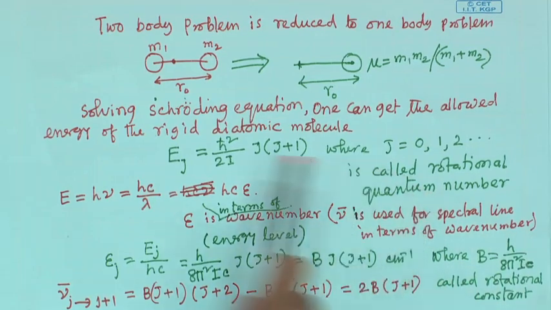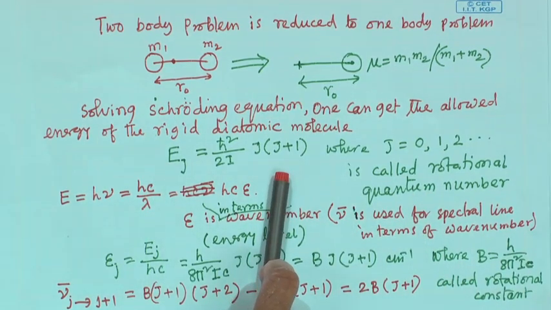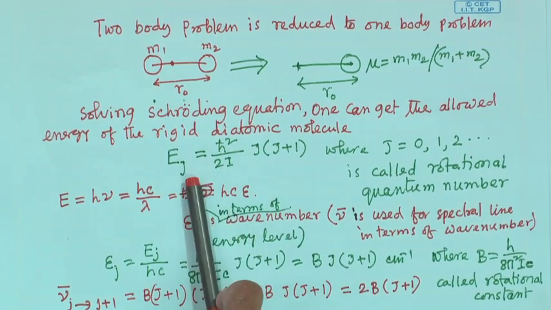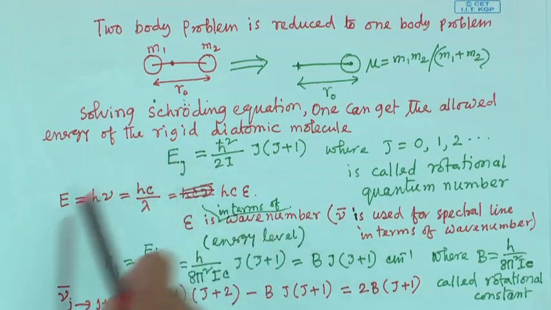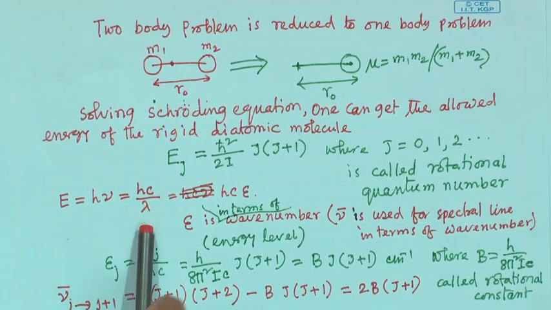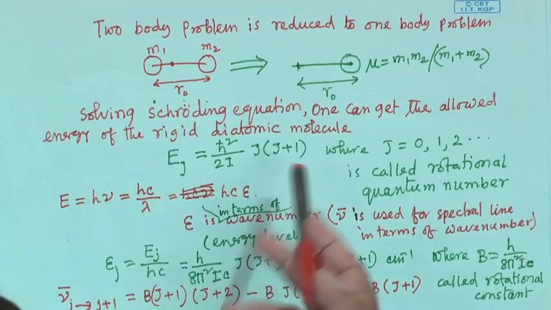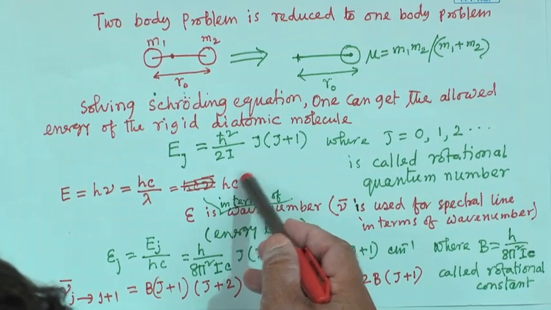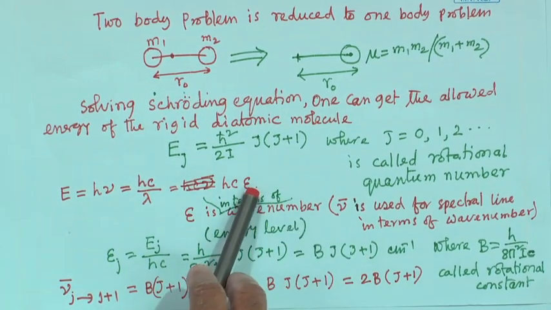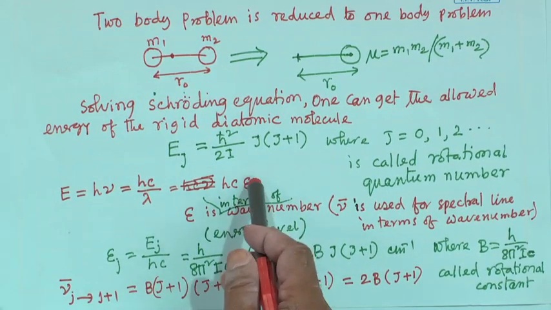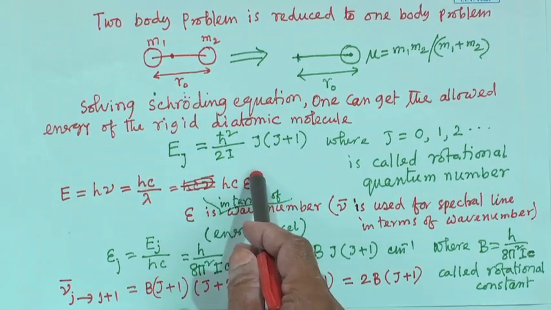Now, I want to write this energy in terms of wave number. E equals h nu, and nu is c by lambda, so hc times 1 by lambda. Here, in place of nu bar, I have written E small.